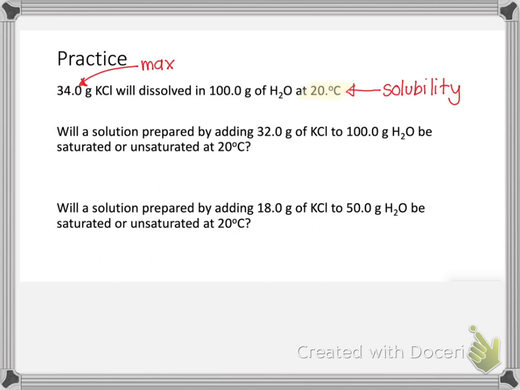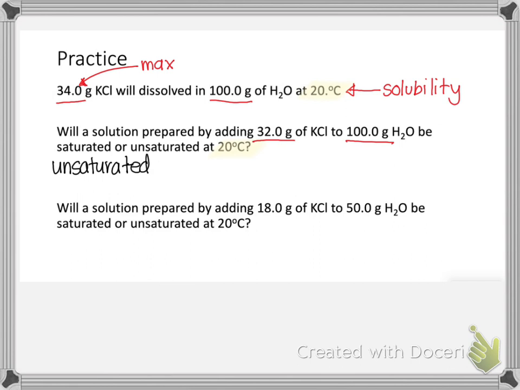So here there's two questions. It says, will a solution prepared by adding 32 grams of KCl to 100 grams of water be saturated or unsaturated at 20 degrees? So ours are all at 20 degrees, so that's fine. And so I look, and the maximum is 34 in 100, and this has 32 in 100. So this is going to be unsaturated. I would like to write this in black. Okay, unsaturated.